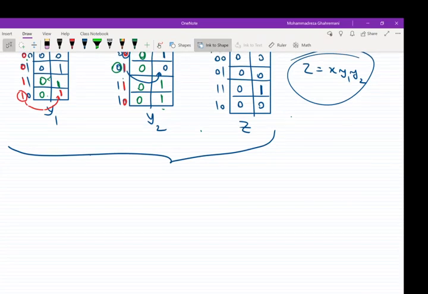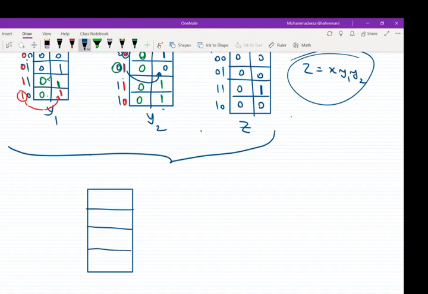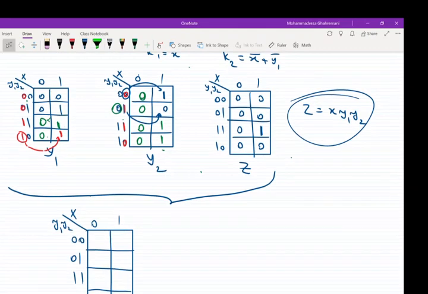So what we do again, we draw a table and we say x, y1, y2, 0, 0, 0, 1, 1, 1, 1, 0, 0, 1. What we do is simple. We take this value, this value, this value, this value together and put it in this cell.